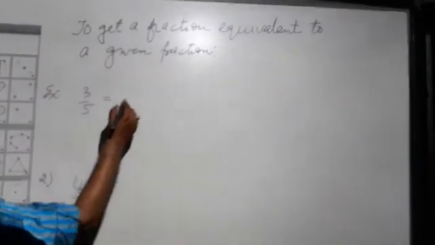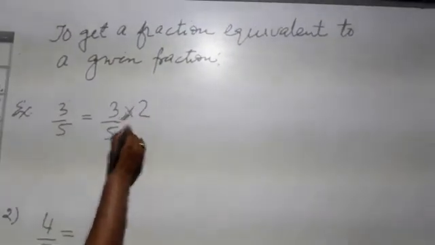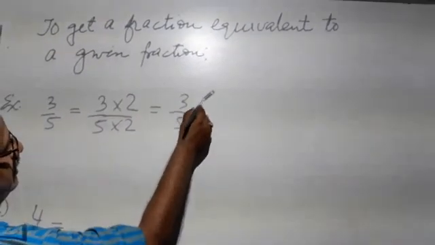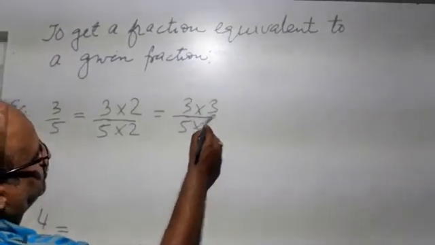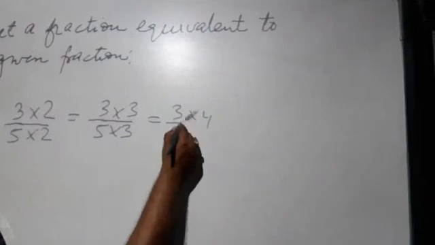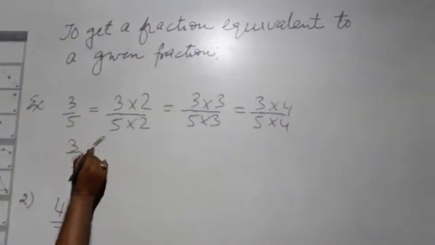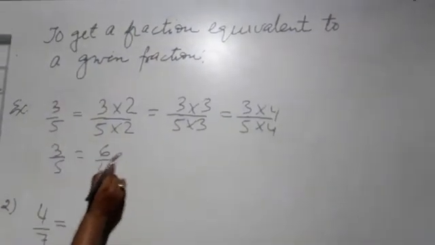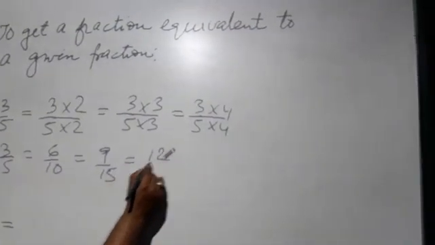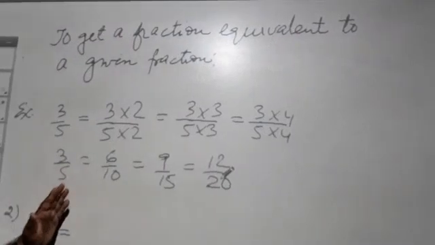Now 3 by 5 can be written as 3 into 2 by 5 into 2, then 3 into 3 by 5 into 3, then 3 into 4 by 5 into 4. So 3 by 5 is equal to 6 by 10 is equal to 9 by 15 is equal to 12 by 20. So these are the equivalent fractions of 3 by 5.